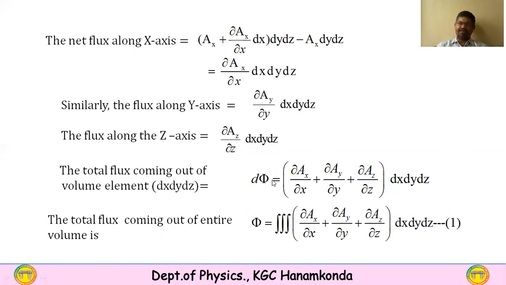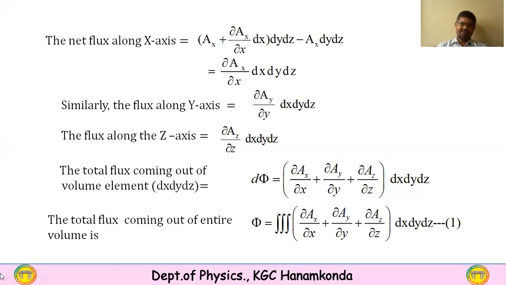But I wanted to calculate the total flux which is coming out of the entire volume. To calculate the flux coming out of the entire volume, what do I have to do? I have to take the volume integration over dφ. Therefore, the volume integration of dφ gives us the total amount of flux, φ, which equals the triple integration of (∂Ax/∂x plus ∂Ay/∂y plus ∂Az/∂z) into dx dy dz.